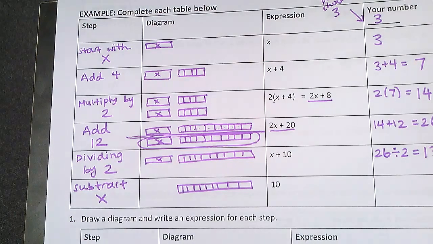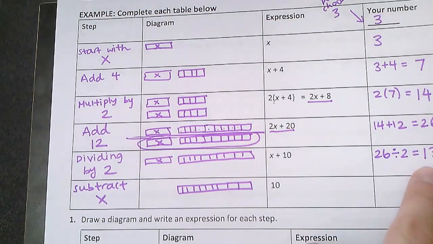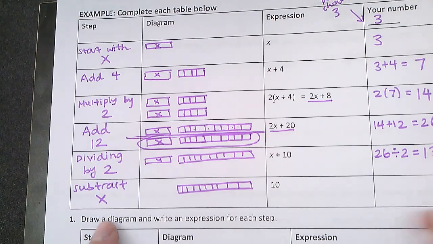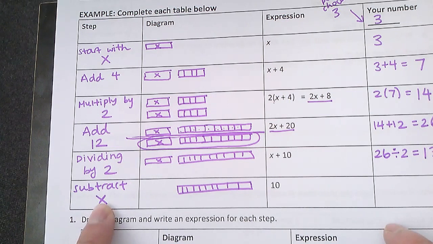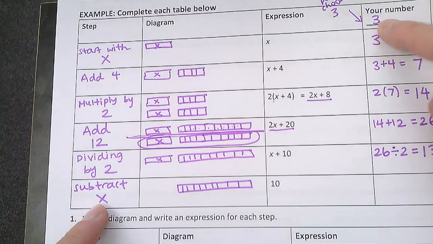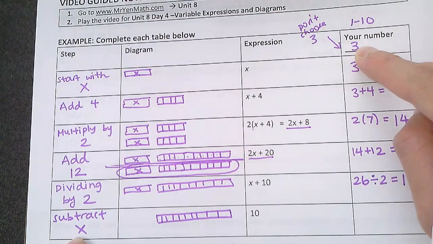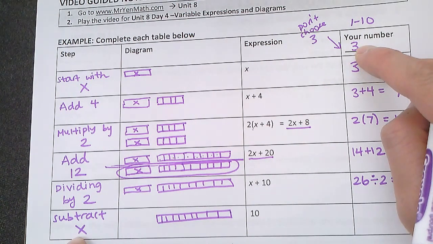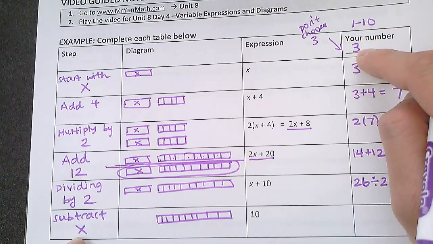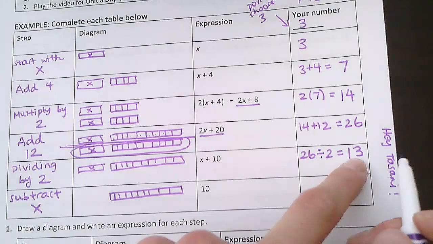Okay. Now, back to my real number. I had 13, and now it's saying to subtract x. Now in this case, x, what I chose was 3, right? So I'm going to subtract 3. You are going to subtract whatever number you chose here. I left off with 13.